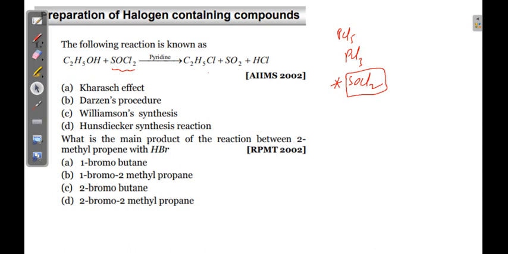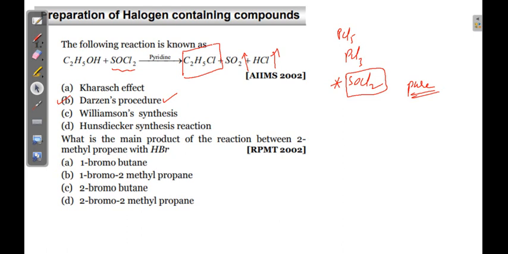By using SOCl2 we will get pure alkyl halide. Why? Because these two byproducts are gases. That is the specific nature of this reaction. This is also a named reaction, which one here? Darzens. This is a direct memory based question.